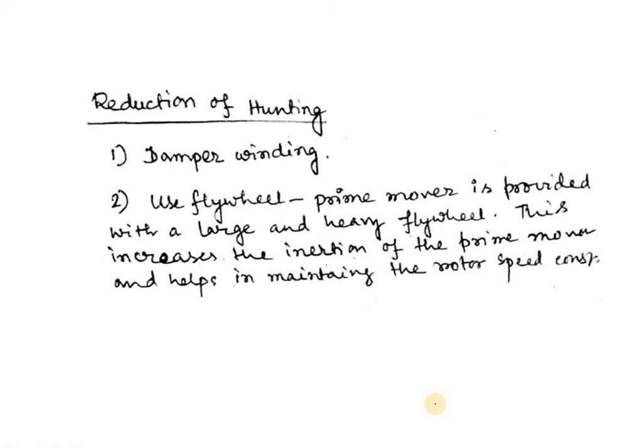The following points are to be noted, and you definitely have to remember them. First, hunting generally occurs in alternators driven by engines because the driving torque of an engine is not uniform. Secondly, alternators driven by steam turbines generally do not have a tendency to hunt, since the torque does not pulsate. That means steam turbine driven alternators generally do not hunt because of the nature of the torque production.